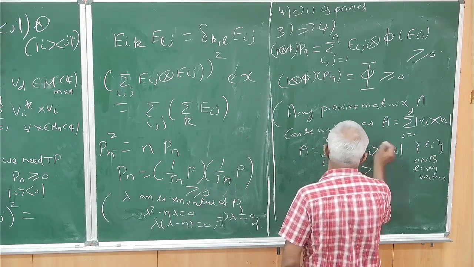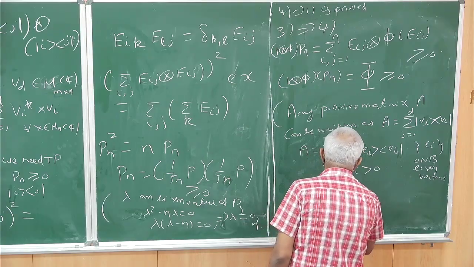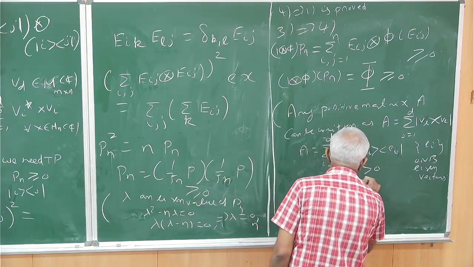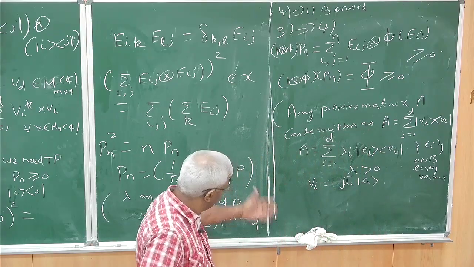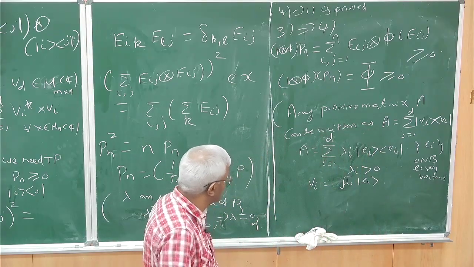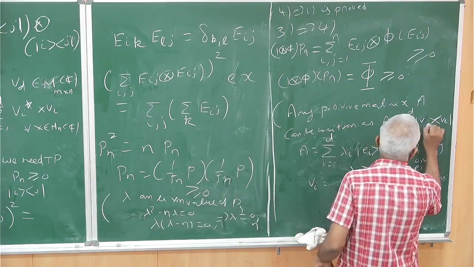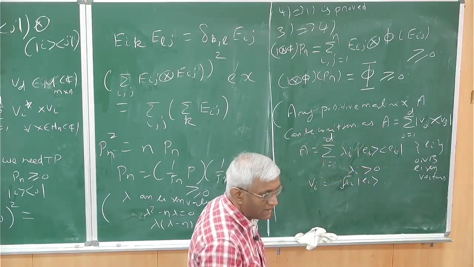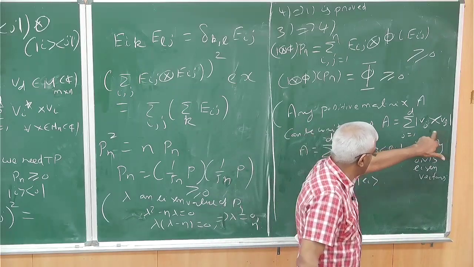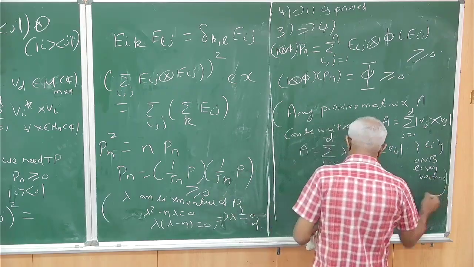Since this is positive, we take v_i to be the square root of lambda_i times E_i. That's all. Then the v_j you will get. This is j, I'm sorry. Any positive matrix can be written like that.